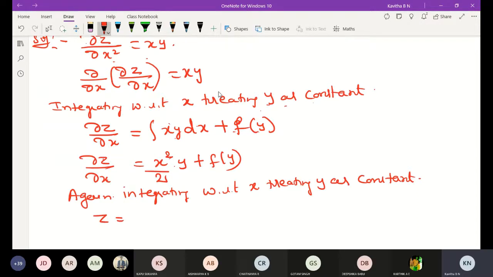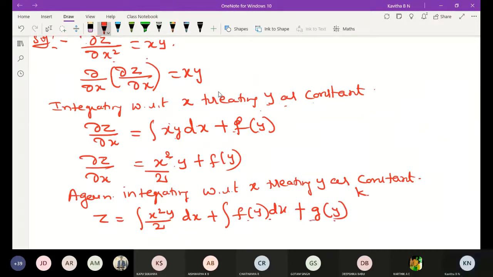Again integrate: integration of x square by 2 into y into dx plus integration of f of y into dx plus, in place of k, we have to write down g of y. Already f of y is used, no? Then g of y.